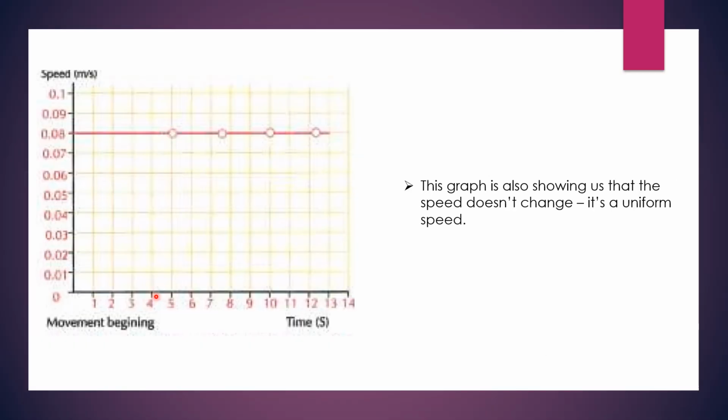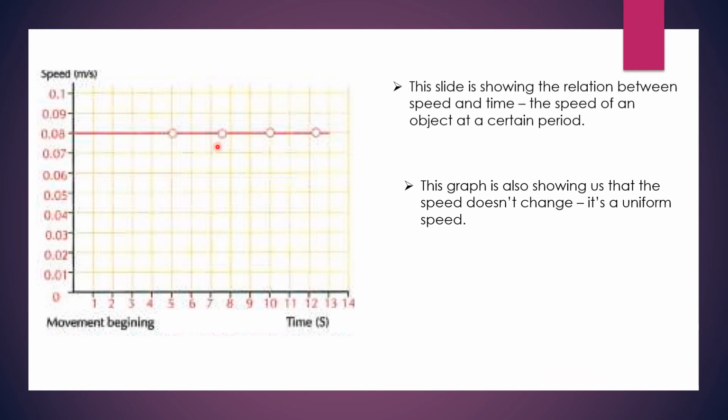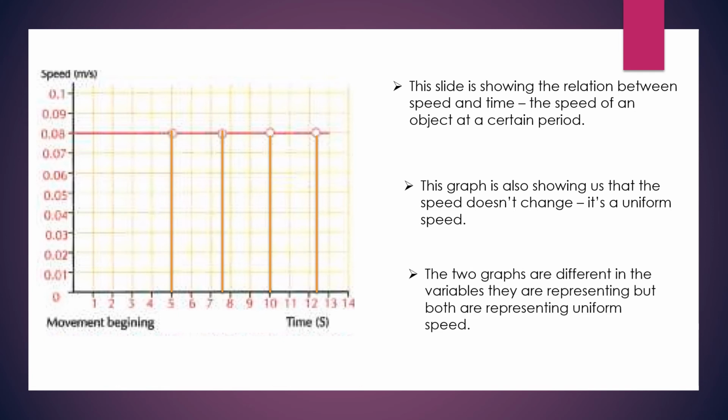This is also a graph that's showing us that the object is moving with a uniform speed. Only we have two different variables. But the result is still the same. The speed equals 0.08. So it doesn't matter the graph that you are given. If you are able to read it and examine it in the right way, you will reach the right conclusion.